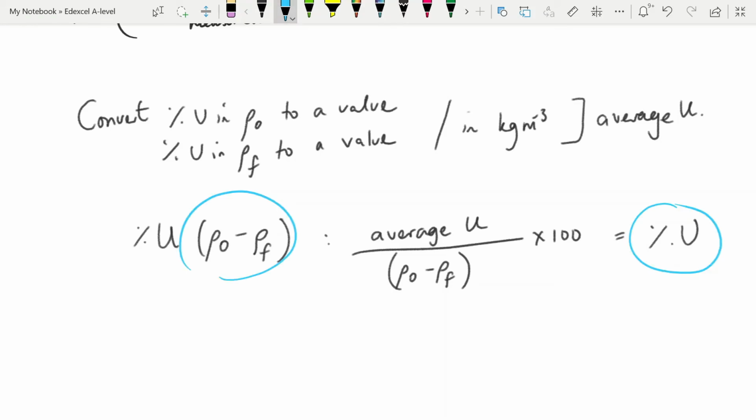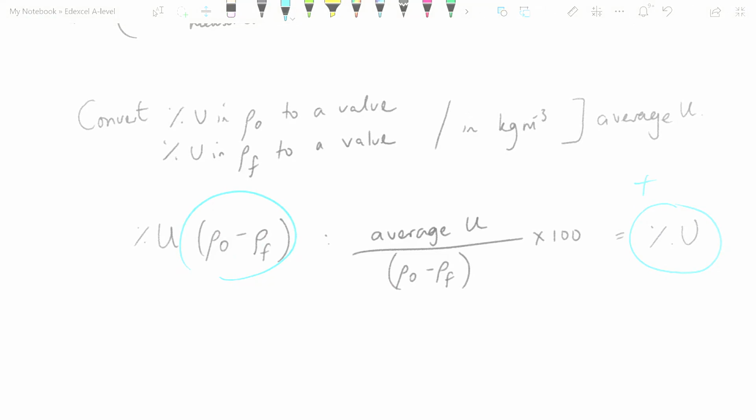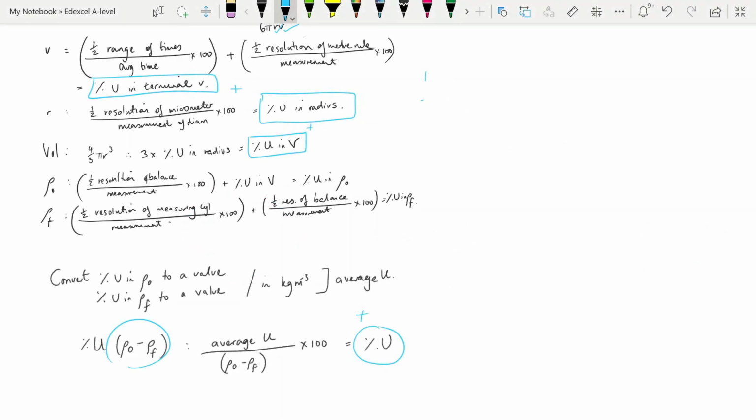Once you have that, you then have to add that percentage uncertainty to all of our others that we got above. And let's have a look and see. We have 1, 2, 3, and now 4 percentage uncertainties that all have to be added together to give you your total uncertainty in the viscosity.